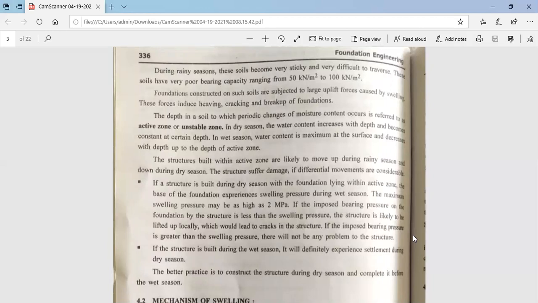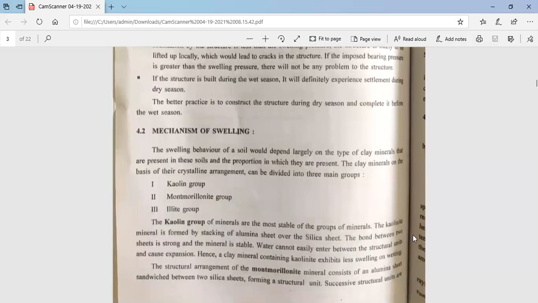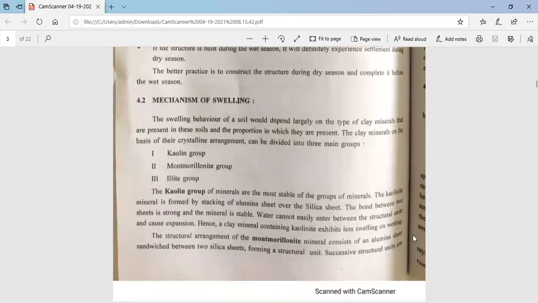If the imposed bearing pressure is greater than the swelling pressure, there will not be any problem to the structure. Right? And if the structure is built during the wet season, it will definitely experience settlement during the dry season. So the better practice is to construct the structure during the dry season and complete it before the wet season.